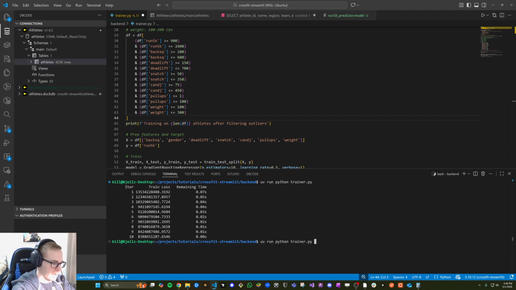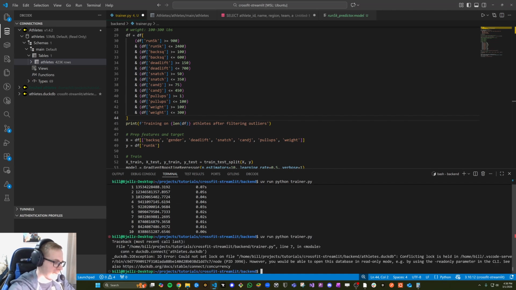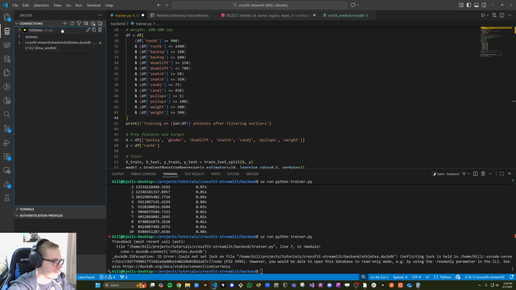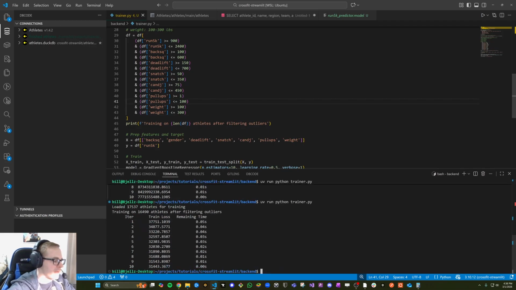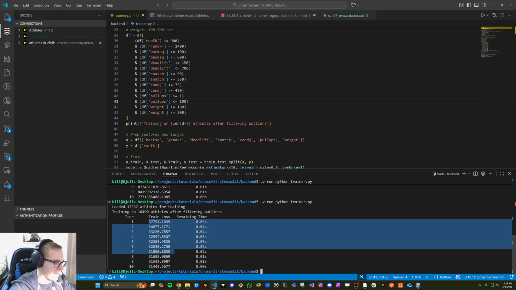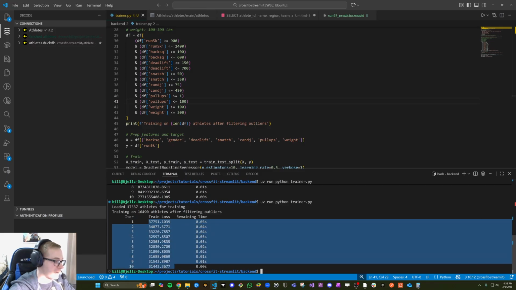So if we run it again, oh, it's because this extension that I use, I have to close the file. I think that should do it. There we go. Okay, so you see that the training loss has gone down significantly just by doing that.